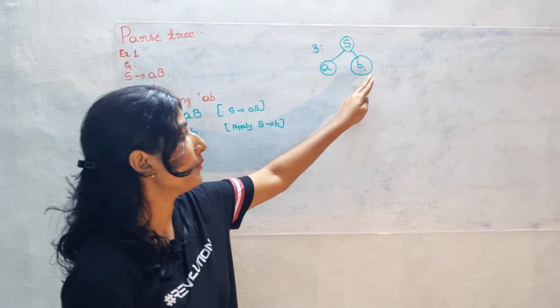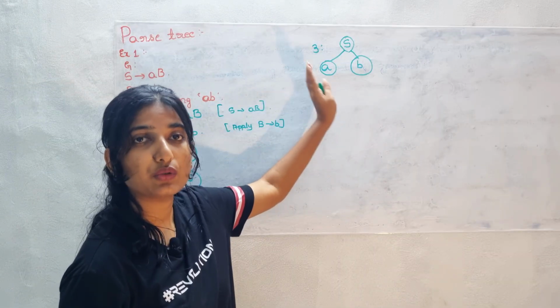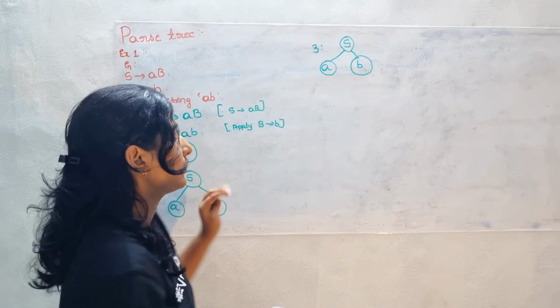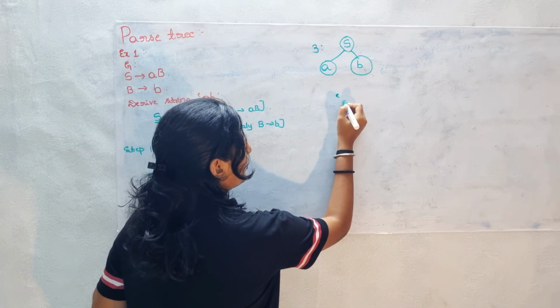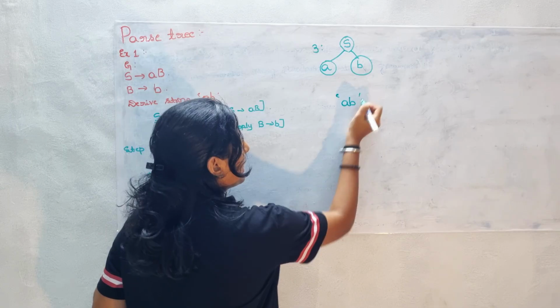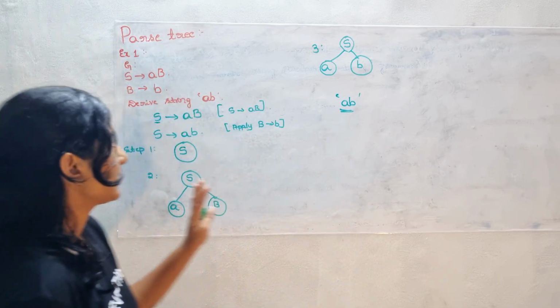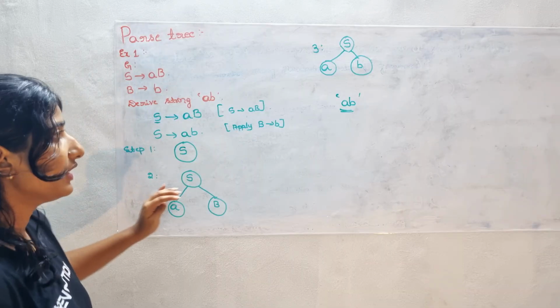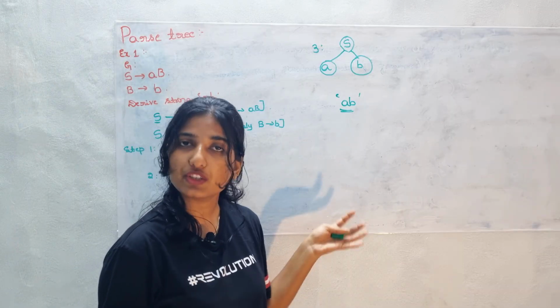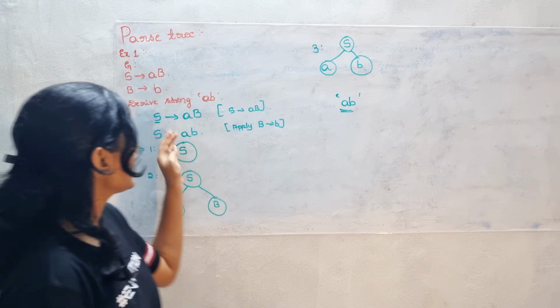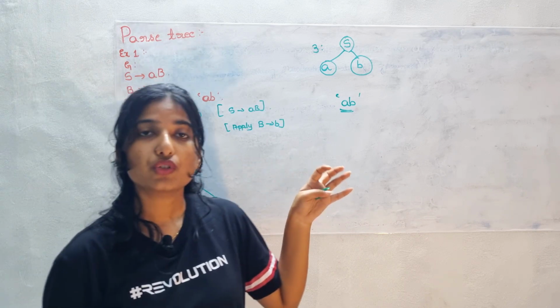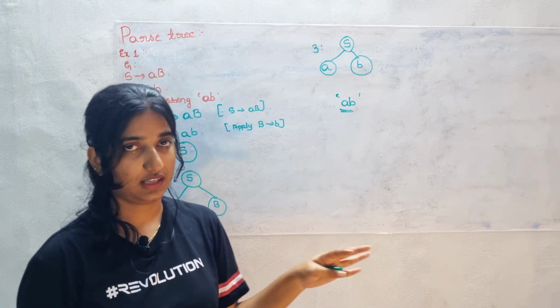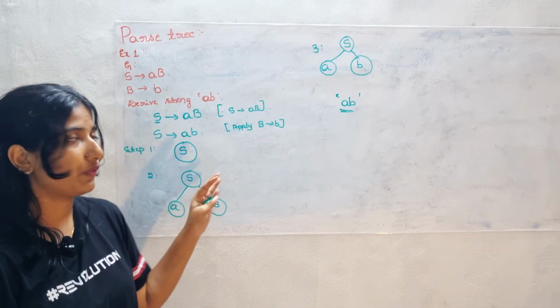Can I read it from right to left? No, right? I have to read it from left to right. So after reading from left to right, we got the final generated string as ab, and here also we got the same thing. So why do we need a parse tree? When there is a large problem, then this kind of derivation will be tough. So in that case we need a parse tree. So this is how we solved the first example.